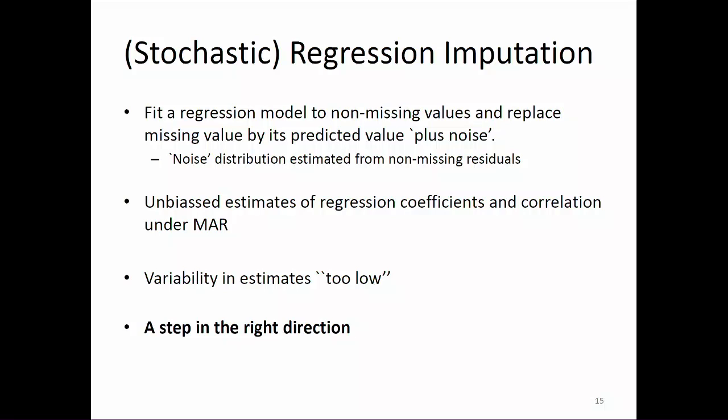Yeah, question, comment? How do you get the distribution of noise from non-missing residuals? So there are lots of ways to do it. One way is to just let the data speak for itself. You fit a model, subtract that from the data points, have an empirical distribution, and then do the same draw from the bag of tricks like we had before.